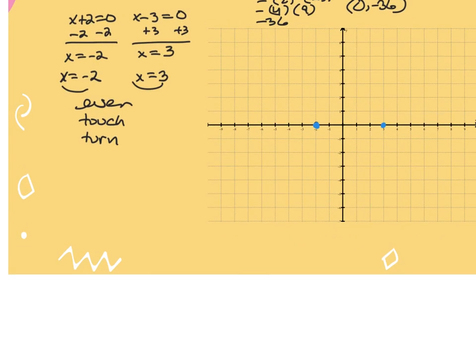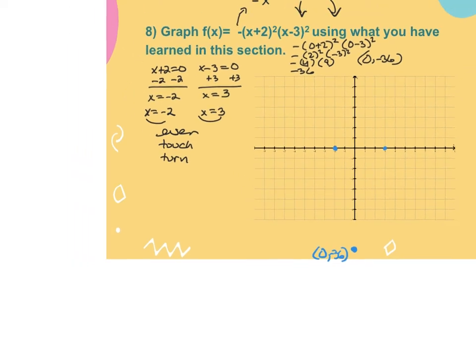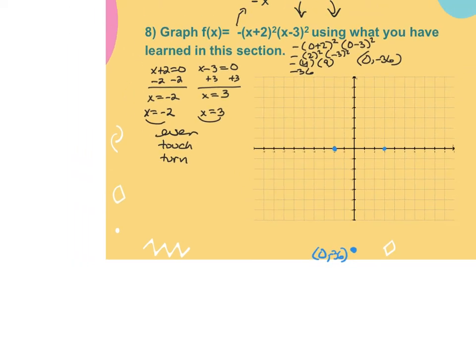And let's just say it's way down here at, and we'll call this 0, -36. So again, my end behavior on each of these zeros, it's pointing down. And now remember, these are touch and turns. So really, this is coming back down again, but we got to figure out where it's coming down to.